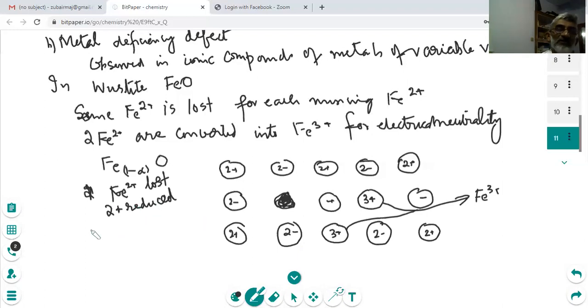What do you do? Two other Fe2+ are converted into two Fe3+ plus 2 electrons.